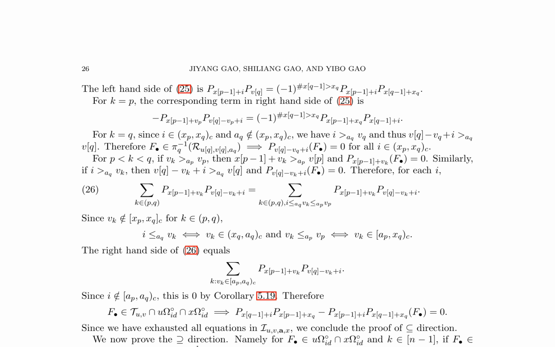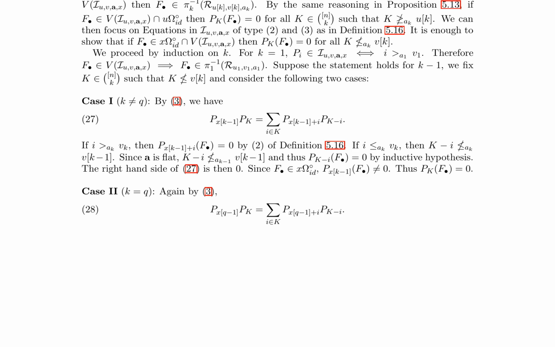The paper concludes by discussing the properties of the set V(I(U, V, A), X) and its connections to other sets through equations and summations. Throughout, the paper employs mathematical concepts and equations to demonstrate the relationships between quantum Bruhat graphs and tilted Richardson varieties, providing a comprehensive overview of their properties and interactions.